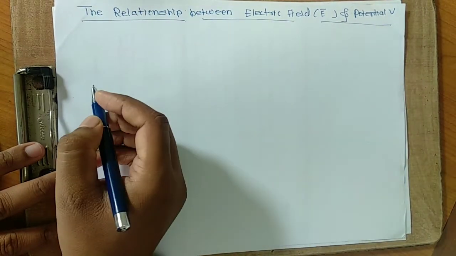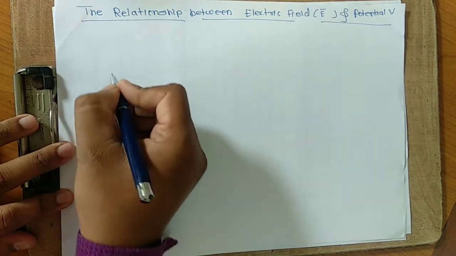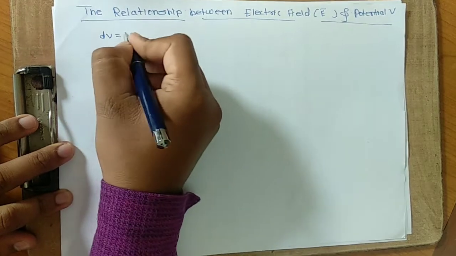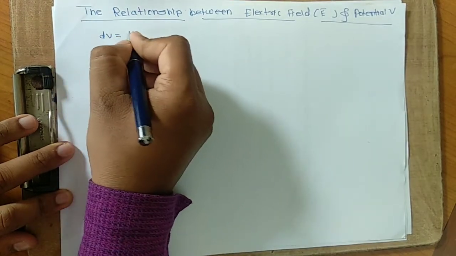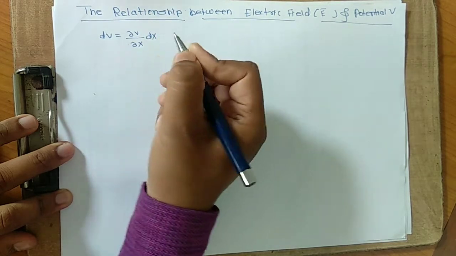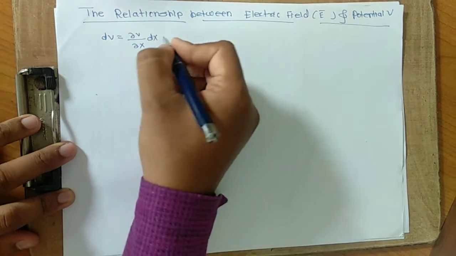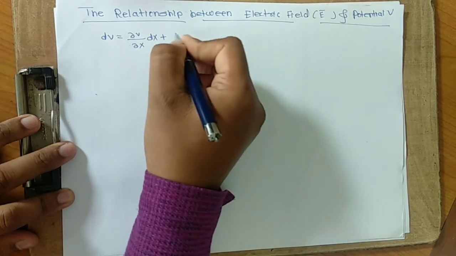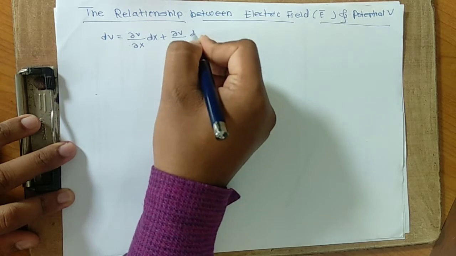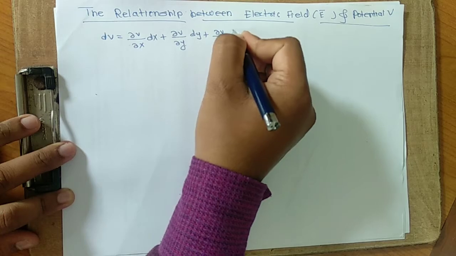So in the relationship, I want to write dV, the derivative of V, as del V by del x dx, and similarly for y, del V by del y dy, and del V by del z dz.